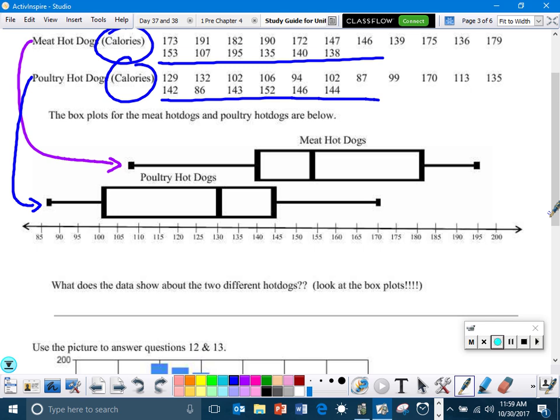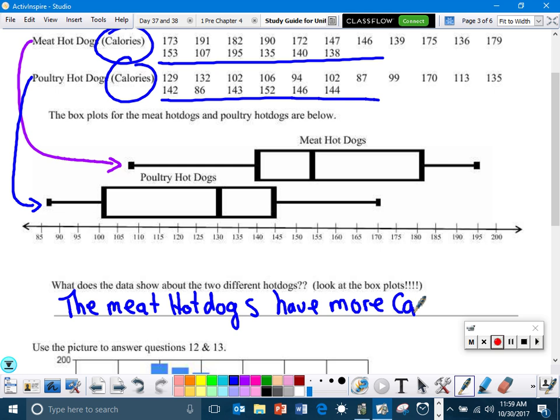Well, you can word this in a number of ways, but this is what I see. The meat hot dogs have more calories than the poultry hot dogs.